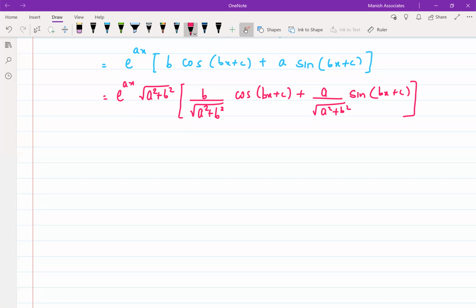Correct. That means what I'll try to do is I'll try to get here sine alpha, and here I'll try to get cos alpha. And I can show you here an explanation.